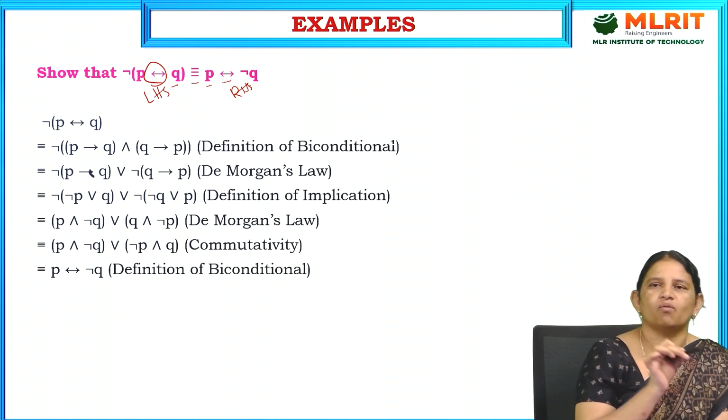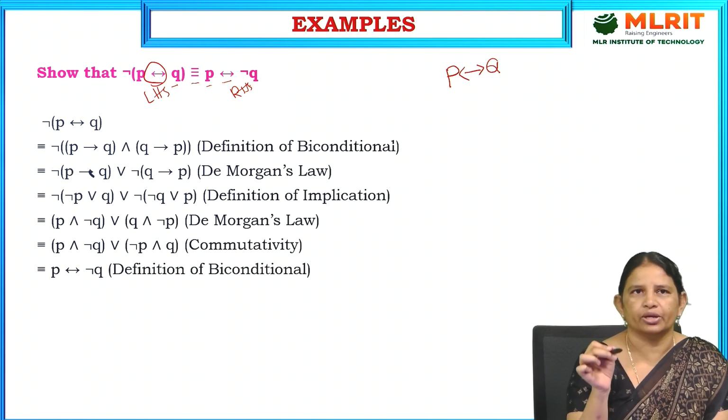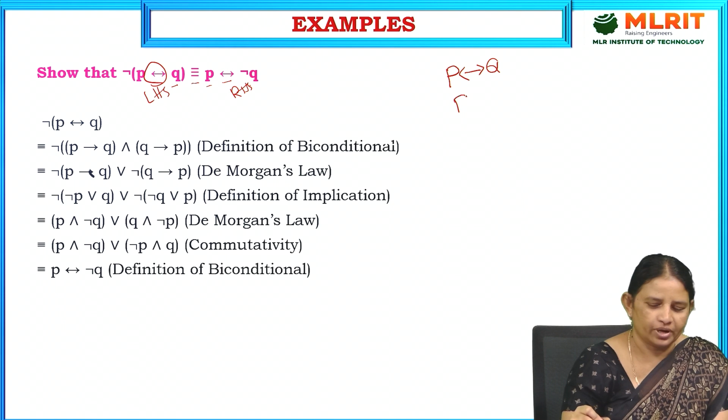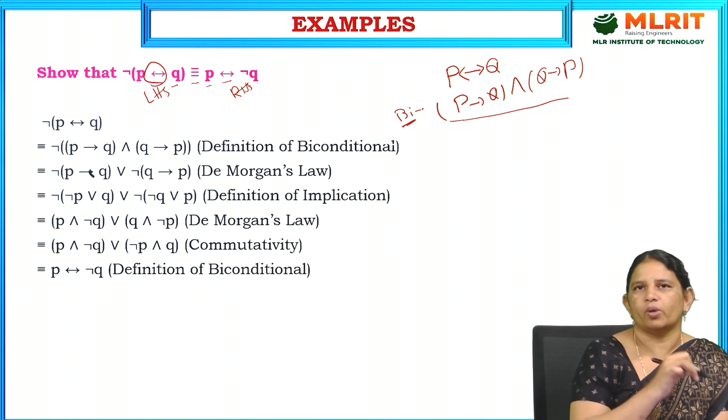First we should know what the biconditional law is. The biconditional law means P ↔ Q is equivalent to (P → Q) ∧ (Q → P). This is the biconditional law according to its definition.